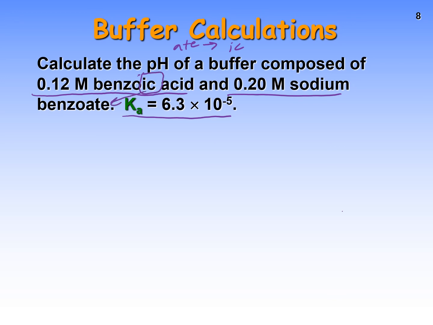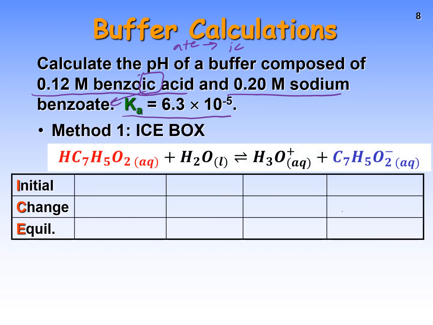And hey, look, I got benzoic. These must be conjugates of each other, because the difference between benzoate and benzoic acid is probably a hydrogen, which would mean conjugates of one another. So we can tell by the naming system. We're also told in the problem that we have a buffer, but I didn't need to say that.